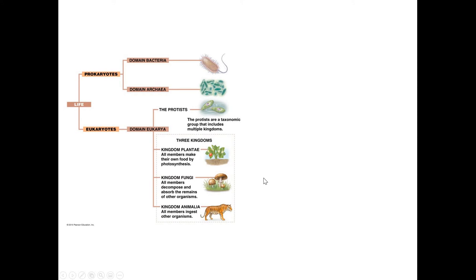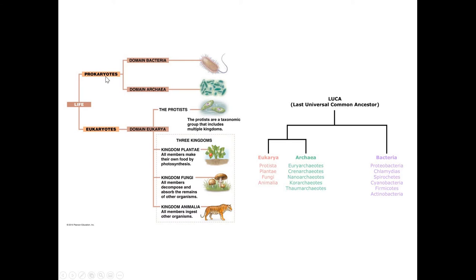As a reminder, while this tree makes it look like bacteria and archaea are more closely related and eukaryotes are more distant, in terms of last common ancestors, actually eukarya and archaea share a common ancestor more recently than archaea and bacteria do. So evolutionarily, archaea and bacteria are actually a bit further apart than archaea and eukarya, which is very interesting. But we still characterize archaea and bacteria as prokaryotes.